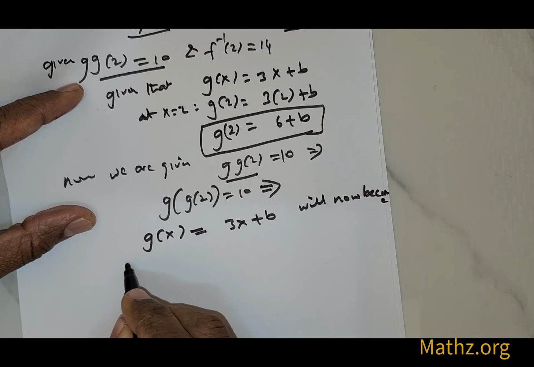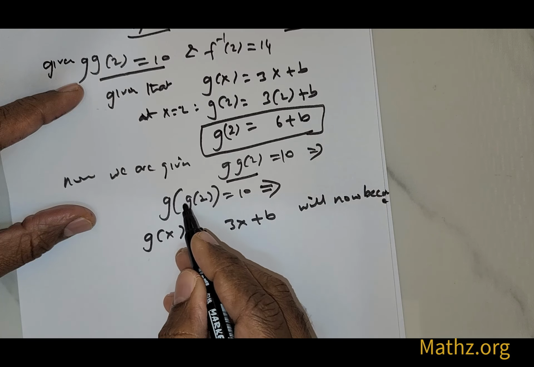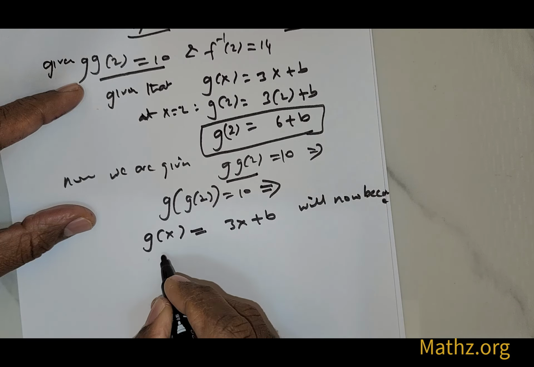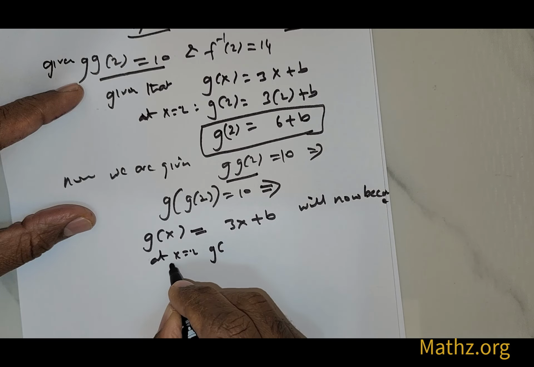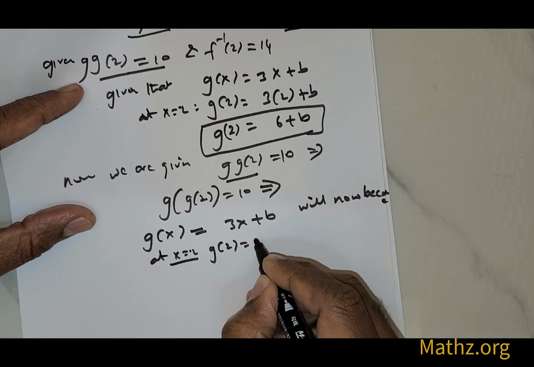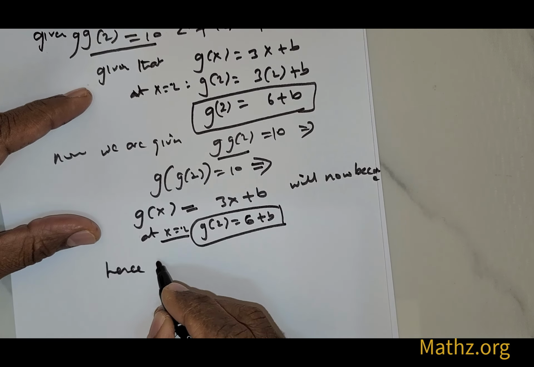So you take this g of x and you push it inside this g of 2. At x is equal to 2, we got g of 2 to be 6 positive b.